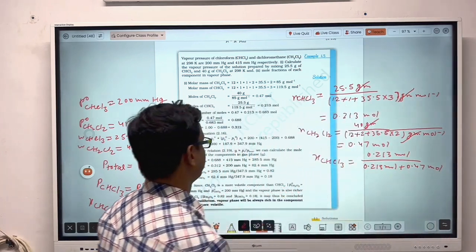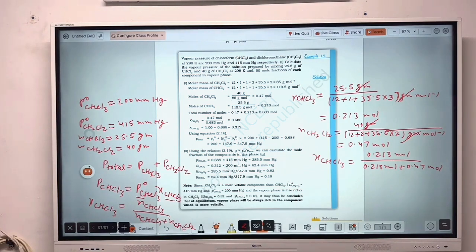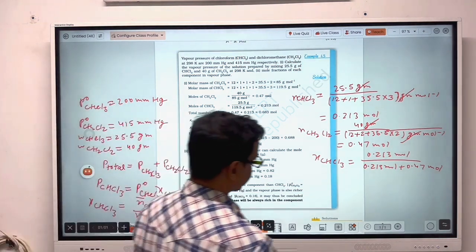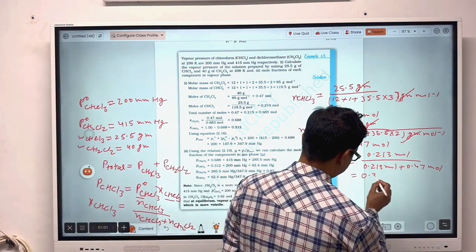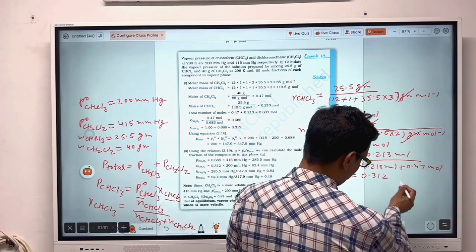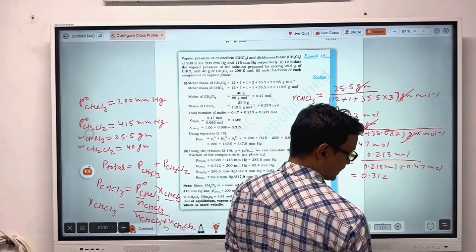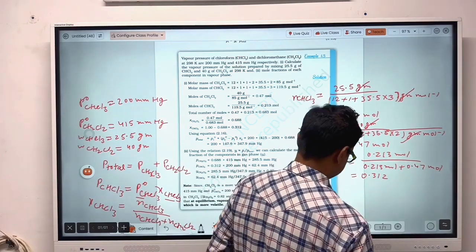When we have to find the mole fraction of chloroform, we have to divide the number of moles of chloroform by the total number of moles of solute and solvent. So after solving, it will become 0.312. Know it, because here mole and mole, the unit will cancel out.